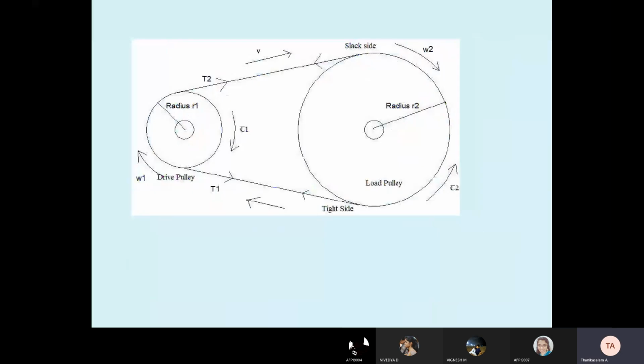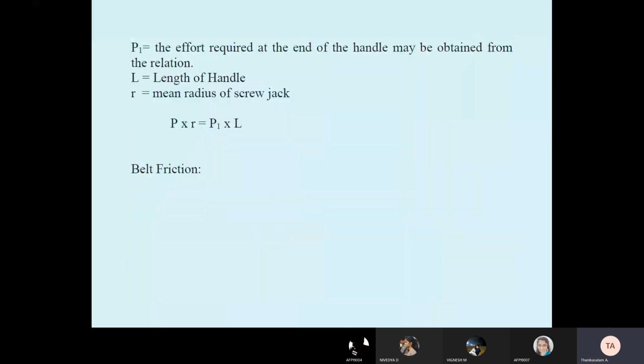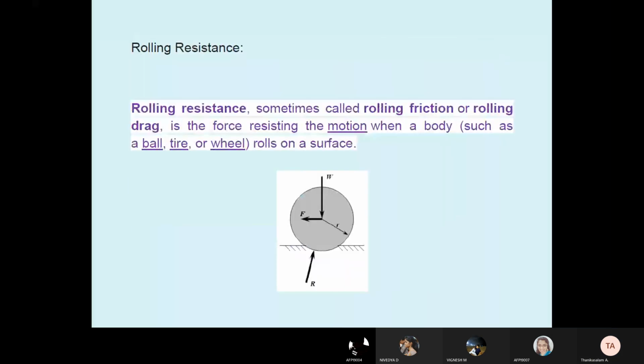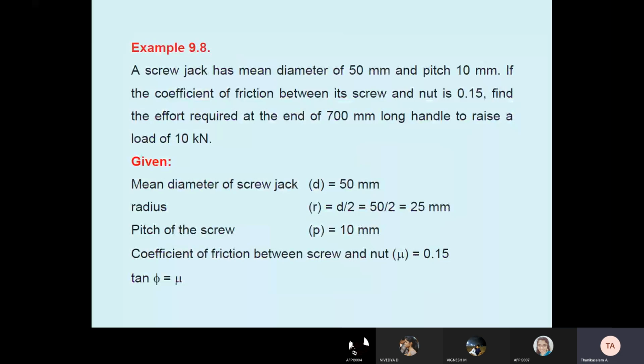Then we discussed the screw jack. So now we are going to discuss screw jack problems. Class rep, can you read the question? Yes, sir. A screw jack has a mean diameter of 50 millimeter and pitch 10 millimeter.